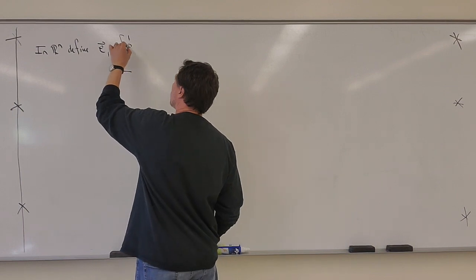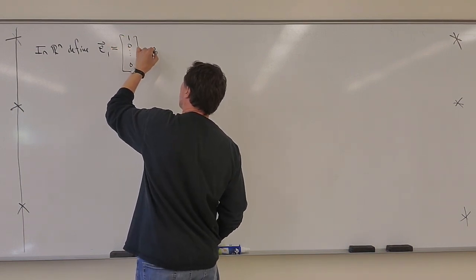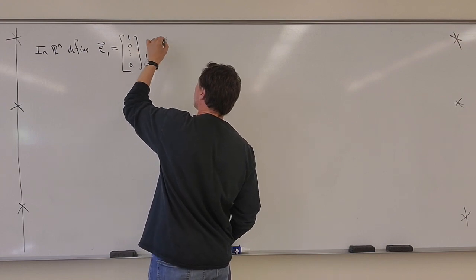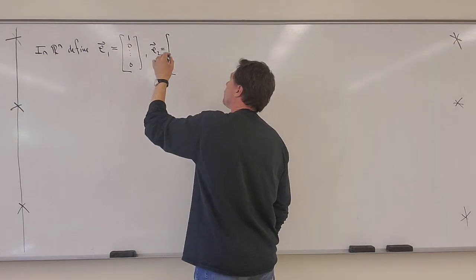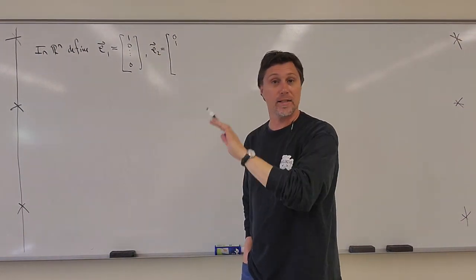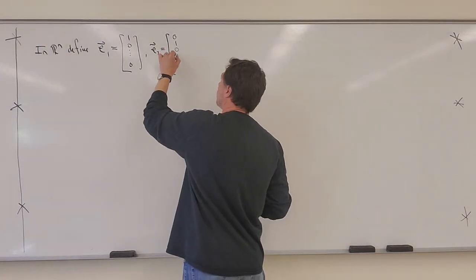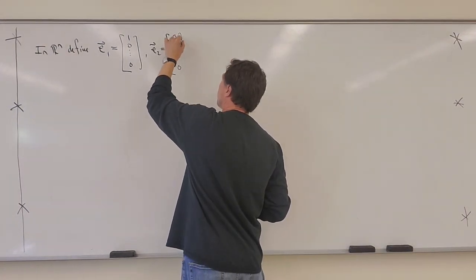So it'll be 1, 0, dot, dot, dot, 0. Then there's E2. That's a vector that has a 1 in the second spot and zeros everywhere else. So it'll go 0, 1, and then 0, dot, dot, dot, down to 0.